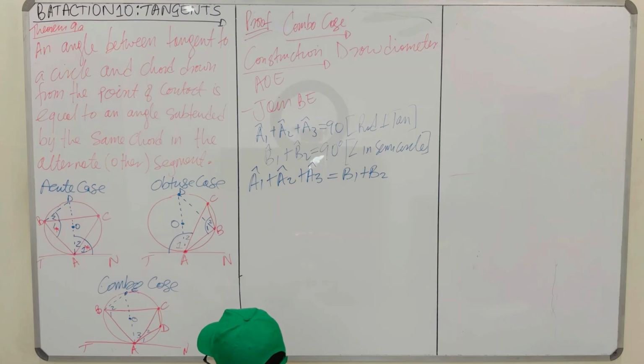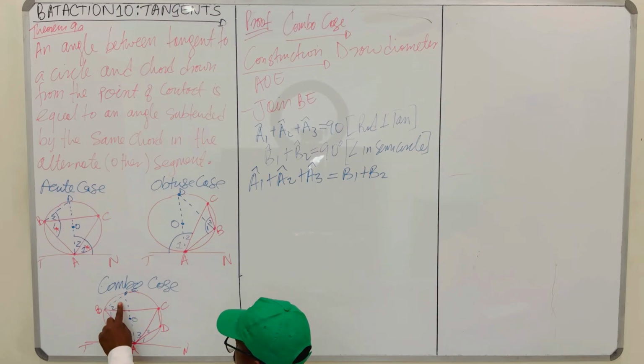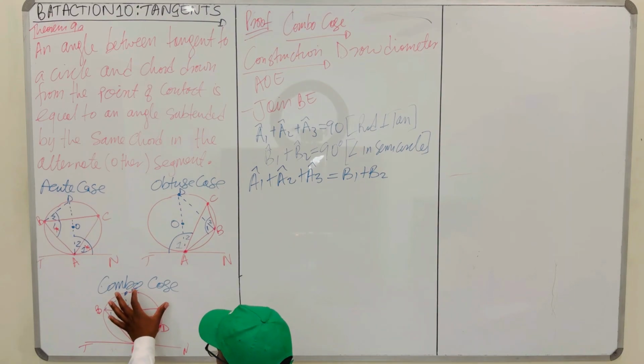But look at this. Your B2 and your A3 are both subtended by the same arc EC. These are angles in the same segment.